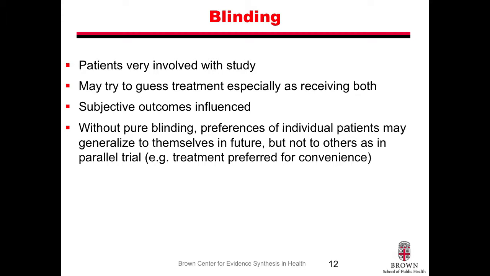Sort of a silly example that came up in one of the papers we were working on was, what if you are testing a blue pill versus a red pill, right? And there's no difference in the pills, but it turns out that the person really likes the color red, and so they feel better when they're taking the red pill.